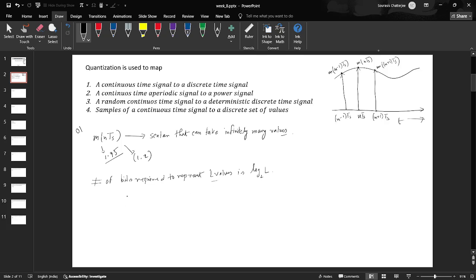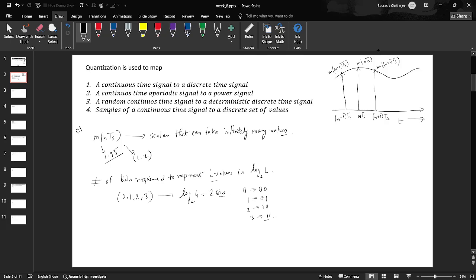For example, let me take a simple example. Let's say you have four distinct values: 0, 1, 2, 3. Just tell me how many bits are required to fully represent these values. There are four values, so log base 2 of 4, 2 bits are required. The most common representation is, for 0 you use 00, for 1 you use 01, for 2 you use 10, and for 3 you use 11.